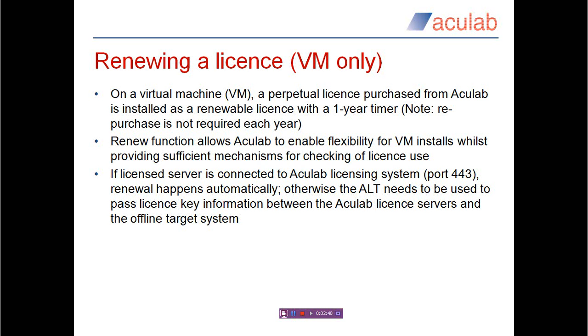The way the license renews itself is through making an outbound connection over port 443 back to the Acculab licensing service. So long as that connection is there, then the renewal will happen automatically. If that connection is not there and it can't get through, then you'll need to use this new tool, the Acculab licensing tool, ALT, that we've created just to handle this process.